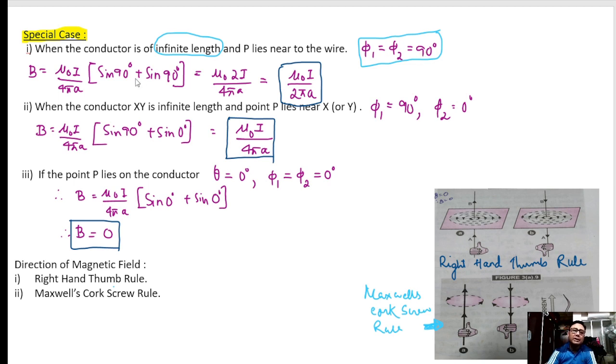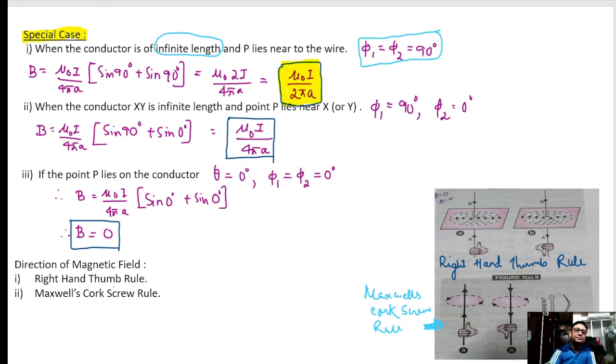So now putting it in that formula, we get this, the magnetic field due to an infinite wire carrying current at a distance of a.